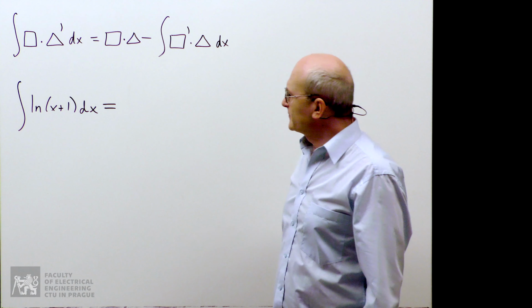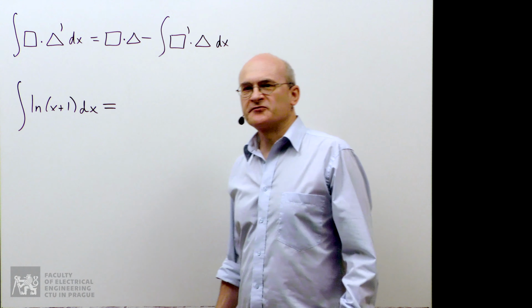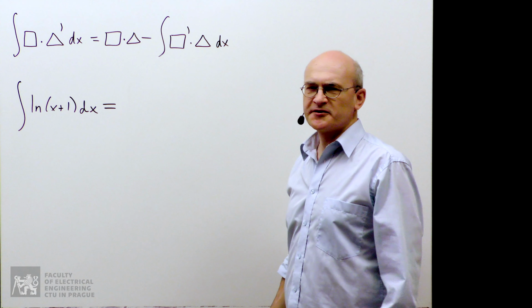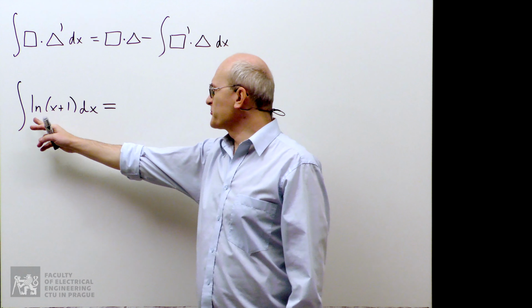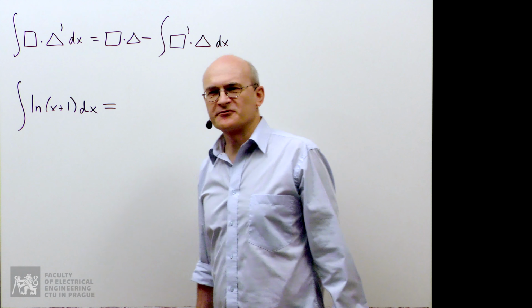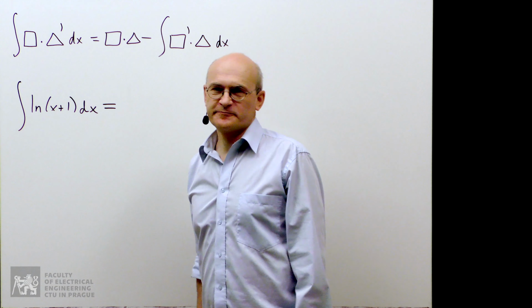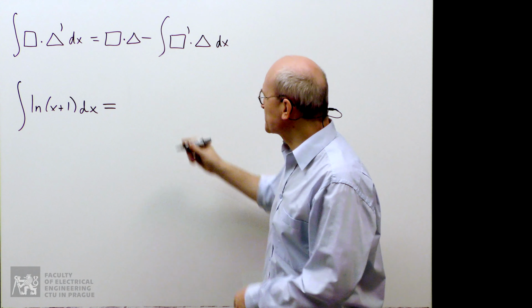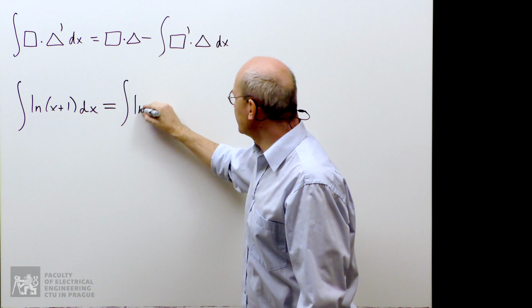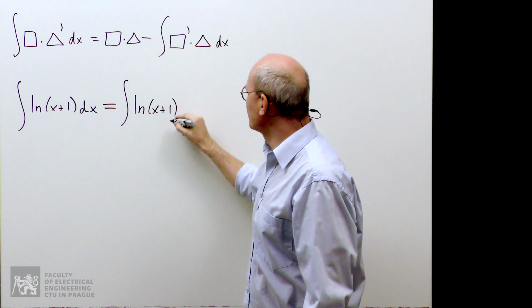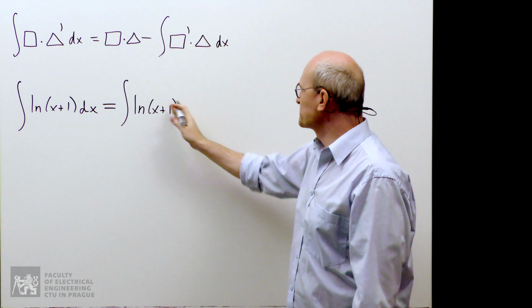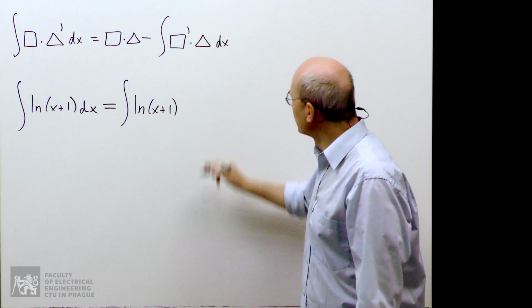Here we have an integral, and at the first sight it doesn't fall into the two types that we had here before. This is not a polynomial multiplied by exponential, sine, cosine, and it's not a logarithm multiplied by a polynomial. But at the second sight, it actually is a logarithm of a sort. Perhaps the +1 will not really cause any trouble.